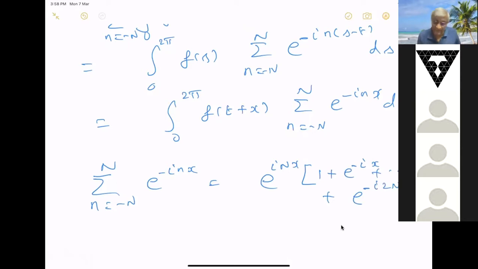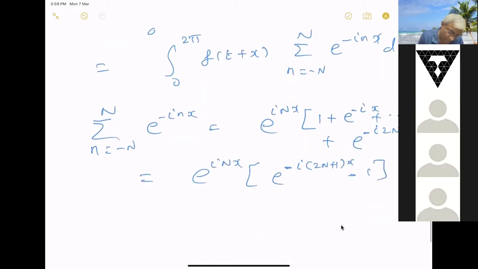I mean, this is a geometric series, right? So which is e power I n x into, there are 2n plus 1 terms, okay? So e power ix is the common factor of the geometric series. So there are 2n plus 1 terms, so e power 2n plus 1 x minus 1 divided by e power ix, e power minus ix minus 1, right?